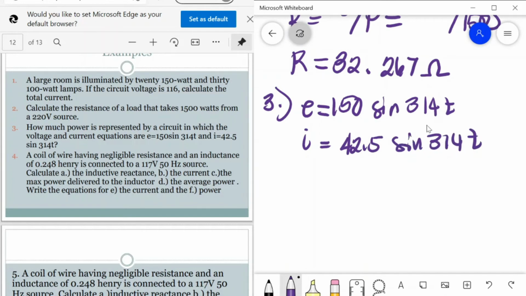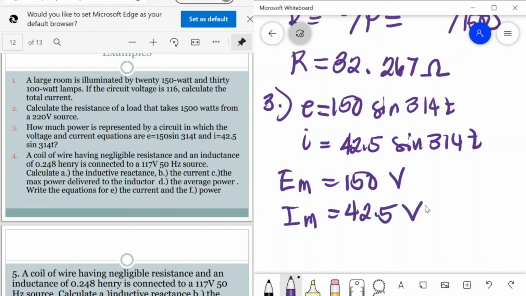So as we can see here, the voltage and current are in the same phase, or they are in phase, because there is no value for phi, and they have the same frequency. So the maximum voltage will be equal to 150 volts and maximum current is equal to 42.5 amperes.